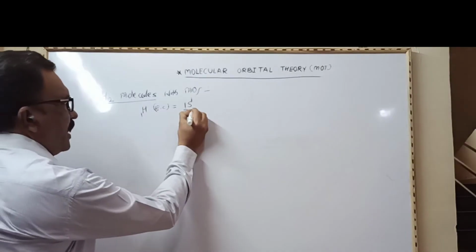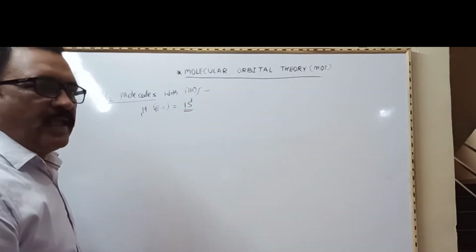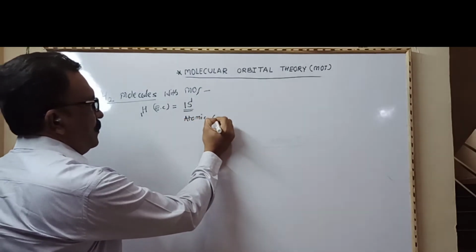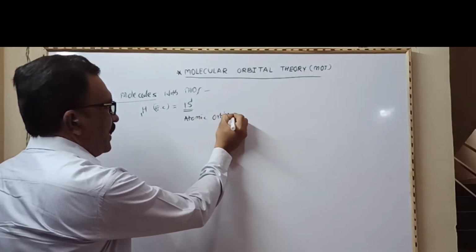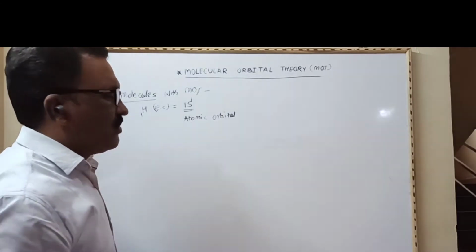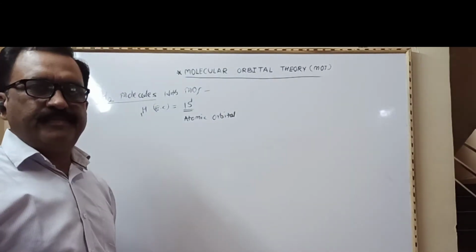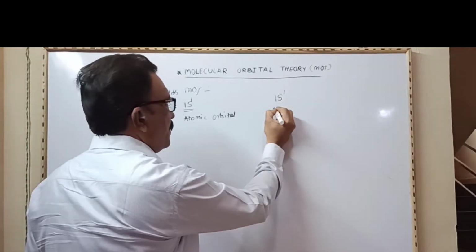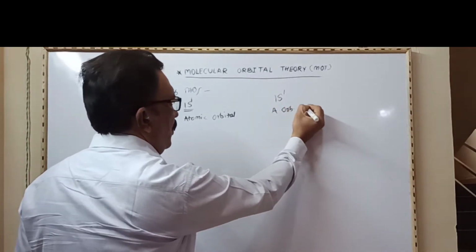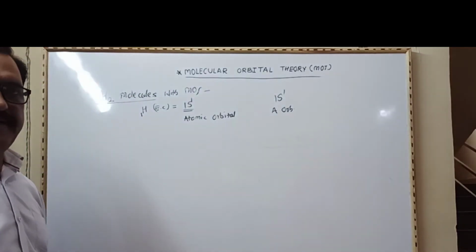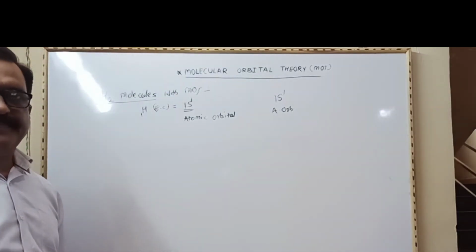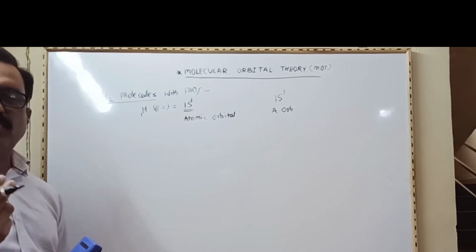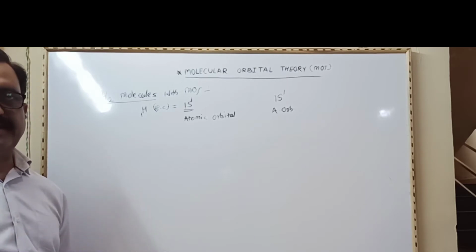This 1s1 atomic orbital of one hydrogen atom and the 1s1 atomic orbital of another hydrogen atom combine together and form two molecular orbitals.